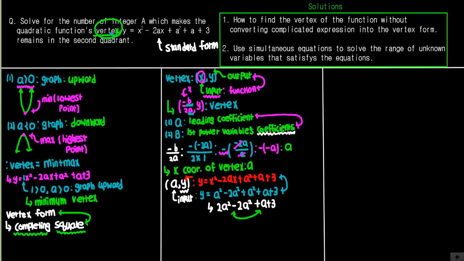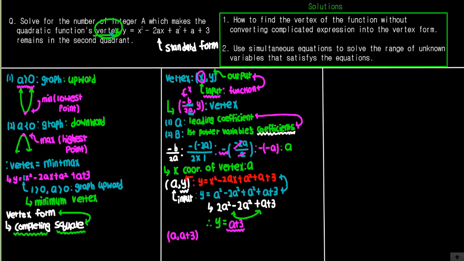So we can see that as our answer, the y coordinate of the vertex of this quadratic function will be a plus 3. So once we finish notating the vertex of the quadratic function, we got a comma a plus 3.